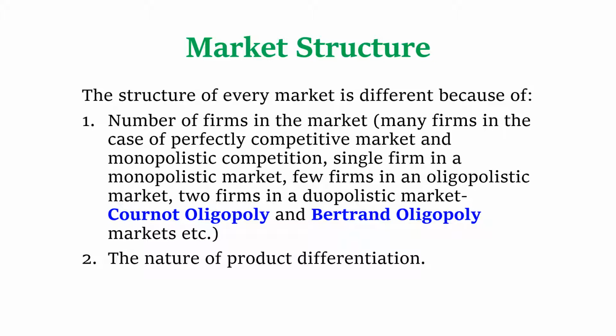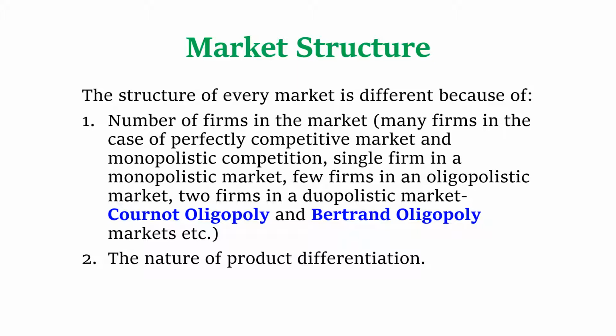We also have the case of monopolistic competition. That is a market where there are so many firms and in which there is also competition. So we have so many firms.